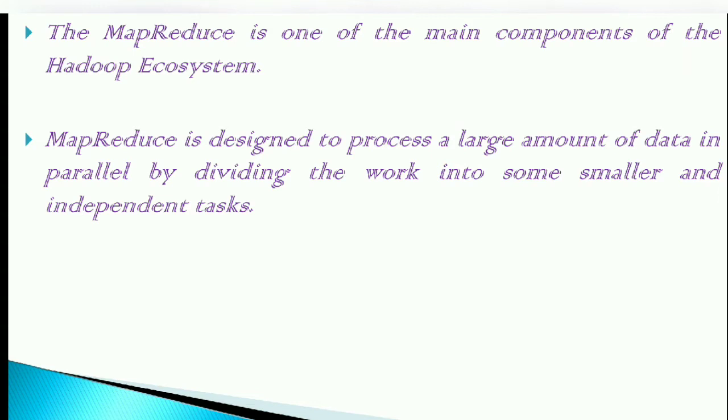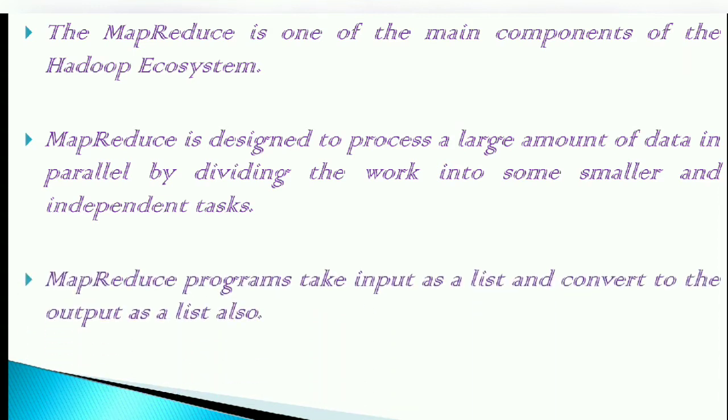It will be divided into smaller pieces, and those pieces will be assigned to the working nodes, and those tasks will be executed in parallel for faster processing. MapReduce programs take input as a list and convert it to output, also a list.